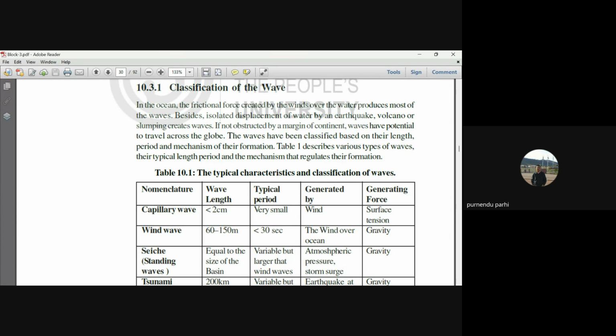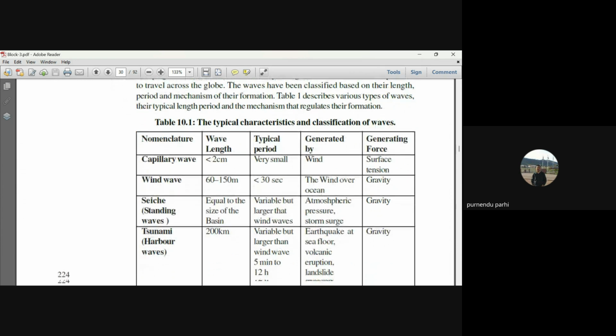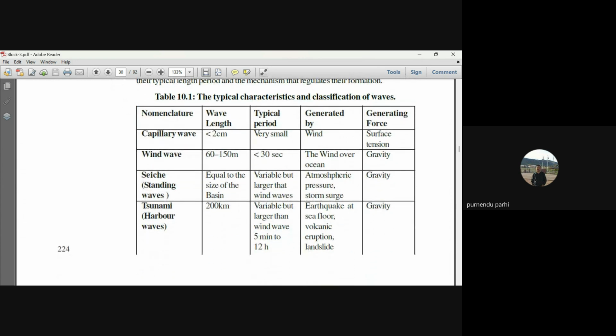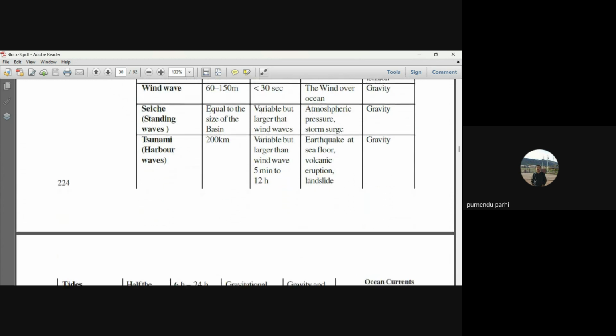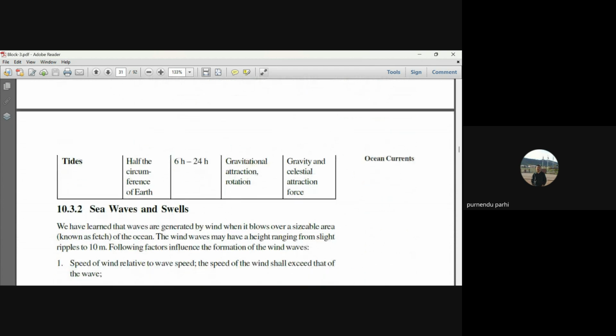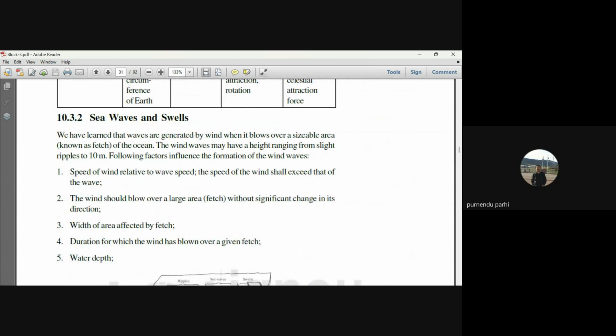The waves have been classified based on the length, period, and mechanism of their formation. Table 1 describes various types of waves, their typical length and period, and the mechanisms that regulate their formation. So these are capillary wave, wind wave, seiche, standing wave, tsunami, harbor waves, and tide.